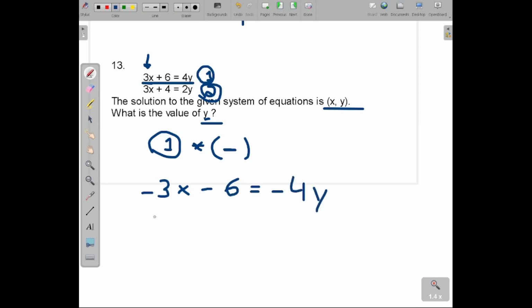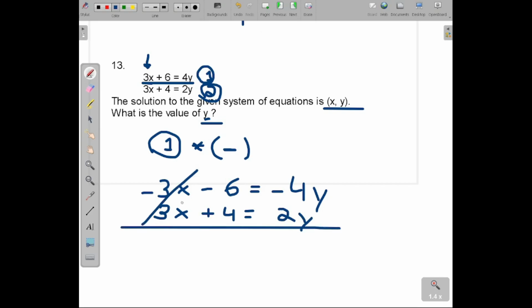Now we copy the second equation, 3x plus 4 is equal to 2y. And we just add these two equations.